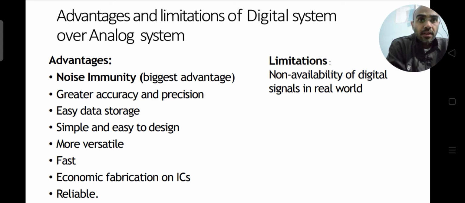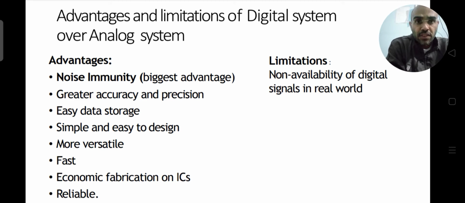And if the signal can take any value in the range, then the design of the system which can handle such signals will also be complicated and less accurate and precise.